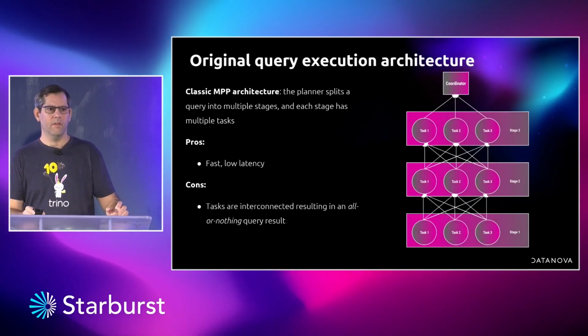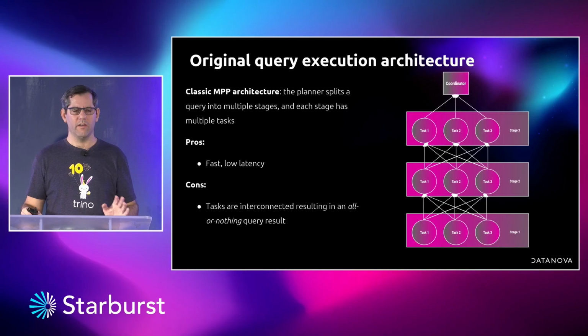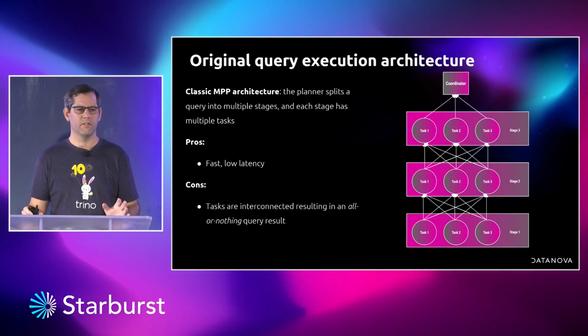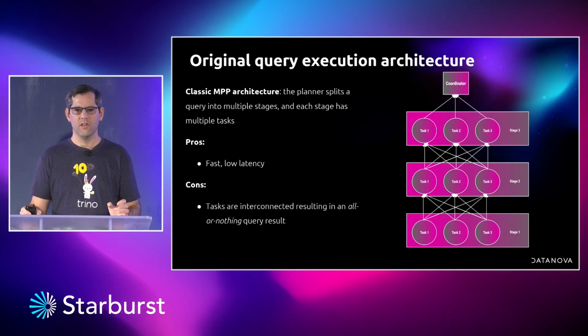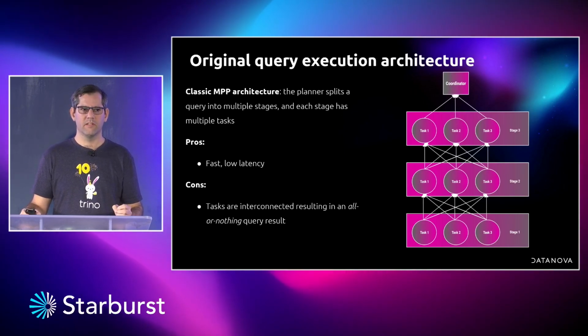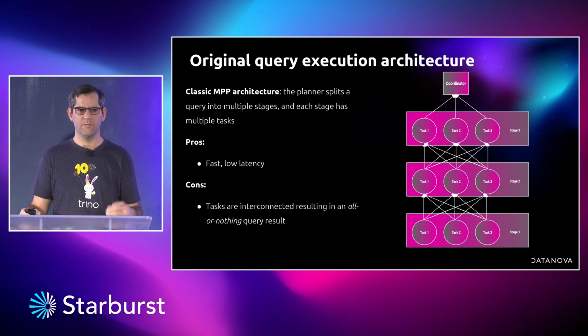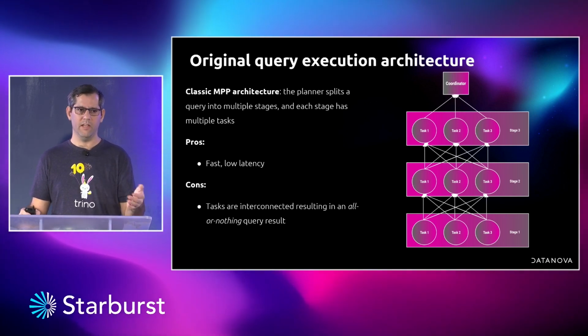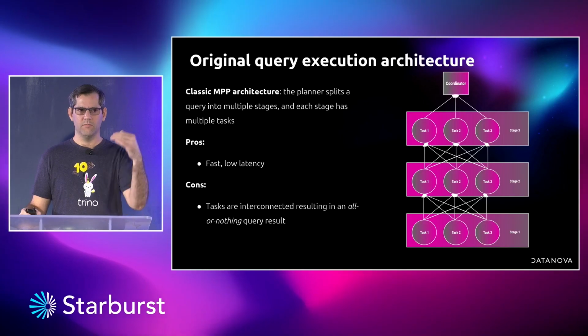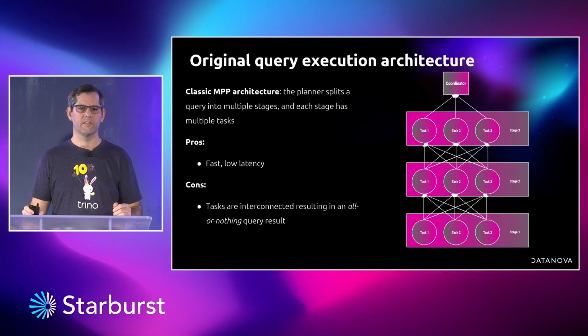To illustrate why that happens, this is a depiction of the previous architecture. Queries are planned as effectively a network of tasks where data from upstream tasks flows as it gets processed to downstream tasks, and it gets consumed and forwarded on to the next task.